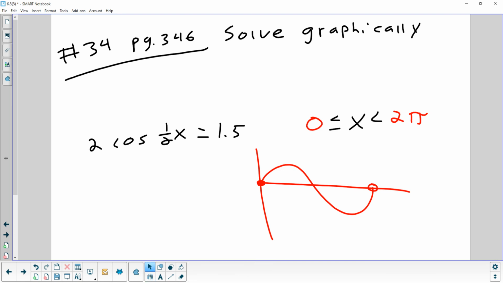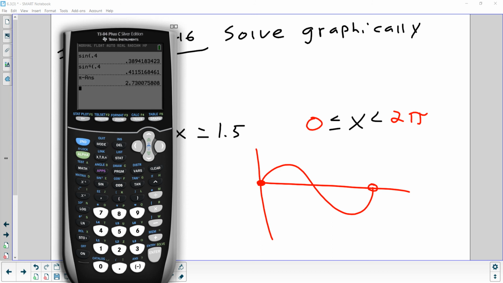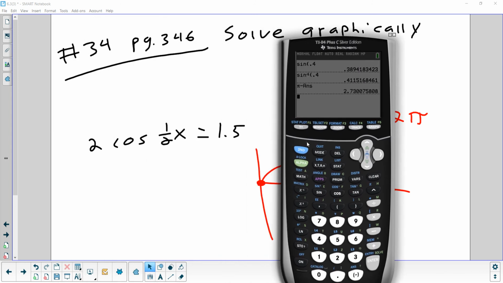All right, so let's try this one the same way. Now, does the graph of cosine, if you don't transform it, normally hit 1.5? No, but we're transforming it. We're doing a vertical stretch by a factor of 2. So by doing that, it will hit 1.5.